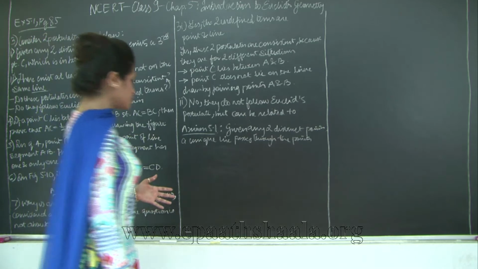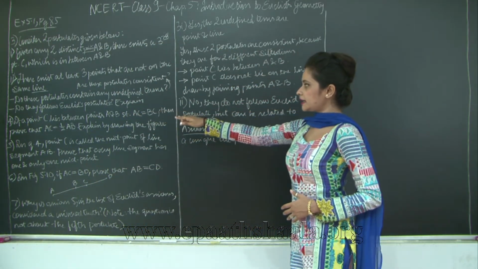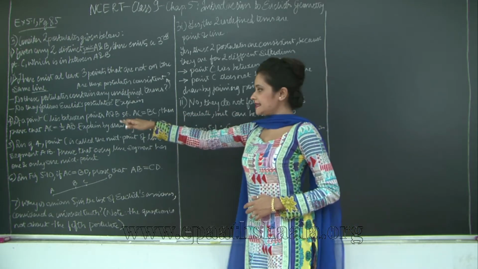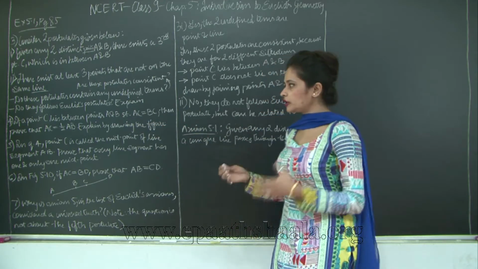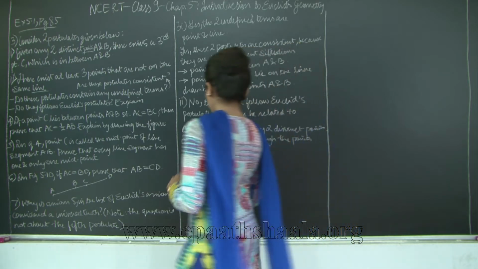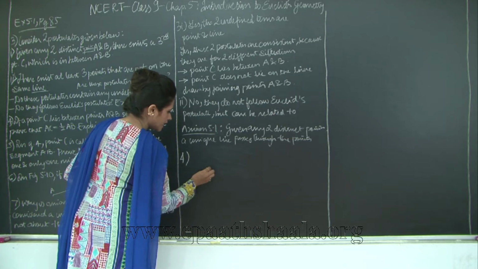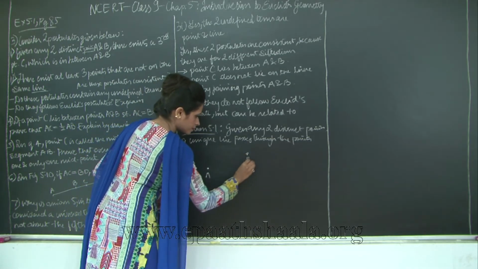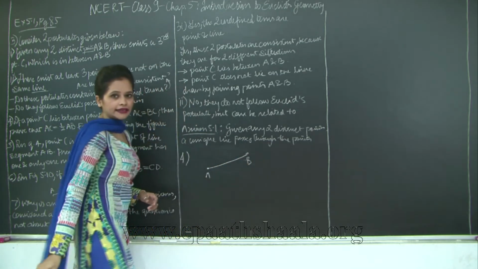We'll quickly read question number 4. If a point C lies between points A and B such that AC is equal to BC, then prove that AC is equal to half of AB. Explain by drawing the figure. So what we'll do is read out the question and draw the figure first. So according to this question, we have 2 points A and B. And we'll connect them using a line.